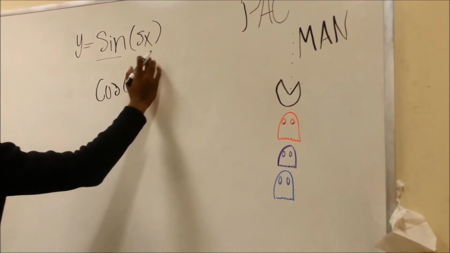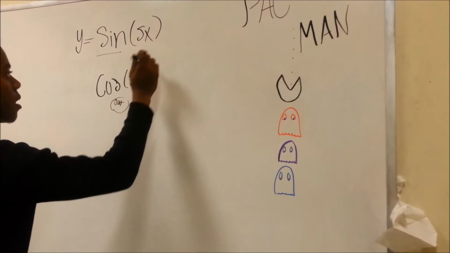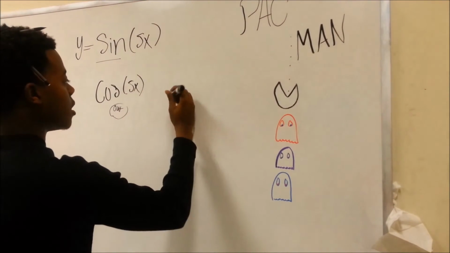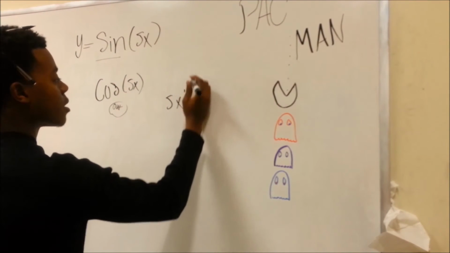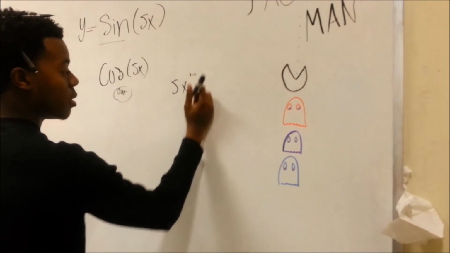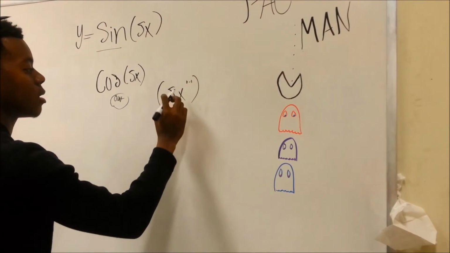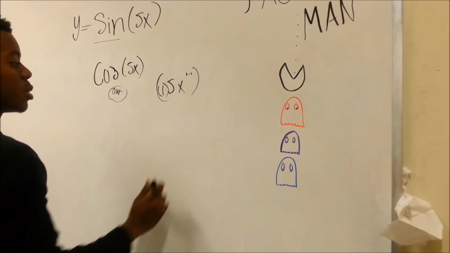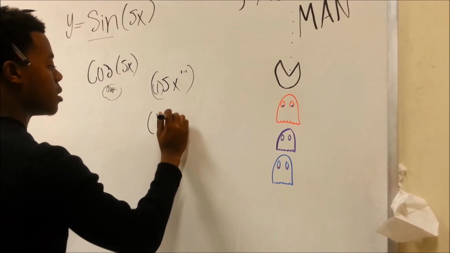To find the derivative of the inside, we're going to do the same thing that we did in the last equation, which is have that little 1 as the exponent, subtract the exponent by 1, and then move a 1 up in front of this 5, which leaves us with 1 times 5.